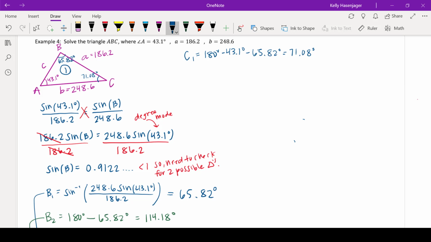Next, we have one missing piece, side C, and we're going to use the law of sines to get that. So we'll have sine of 43.1 divided by 186.2 is equal to sine of our 71.08 degrees over C sub 1. We're going to cross multiply.